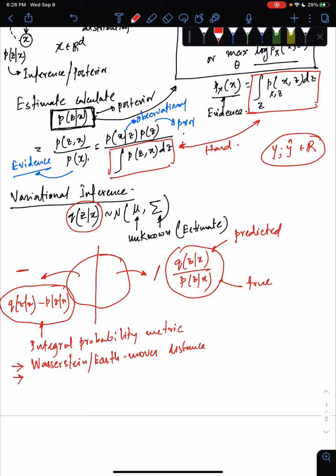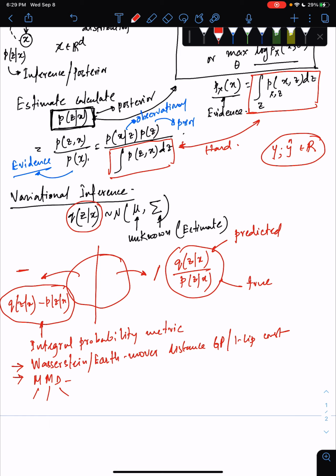Sometimes we also impose a gradient penalty or a one-Lipschitz constraint. We can also estimate the difference between these two using another distance metric called MMD, the maximum mean discrepancy.